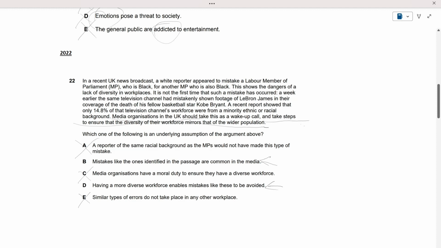E, similar types of errors do not take place in any other workplace. This sort of option comes up at least once a paper, and it's never the answer, because whether it happens in other things or not is irrelevant. If it is bad in every industry, that still means it's good to fix it in one industry, right?